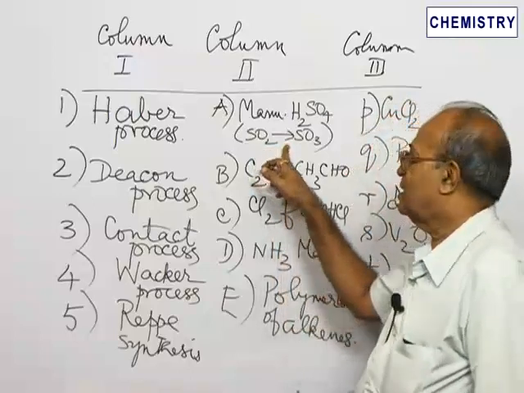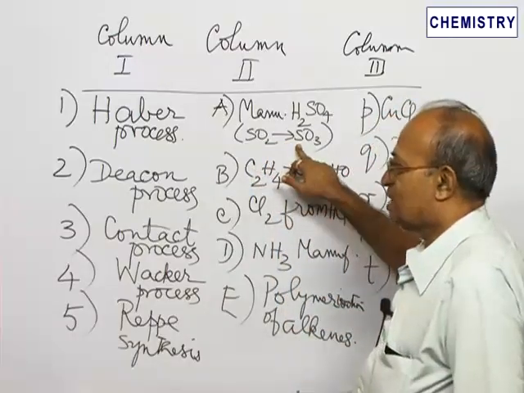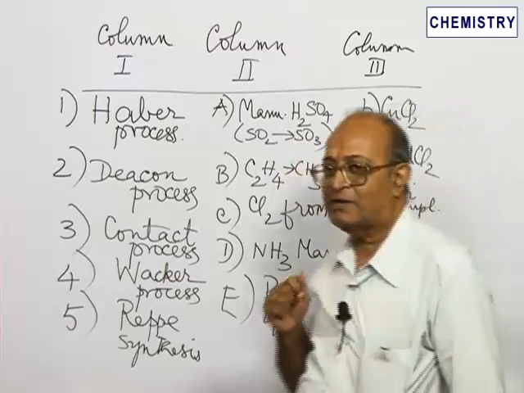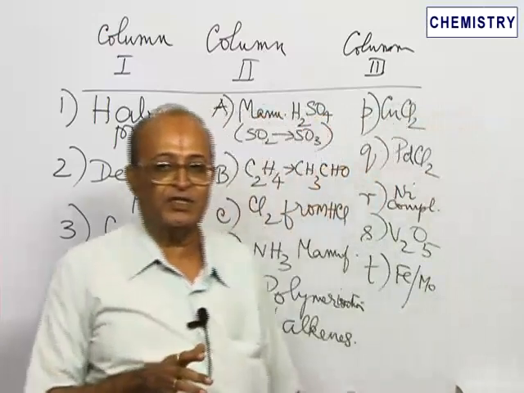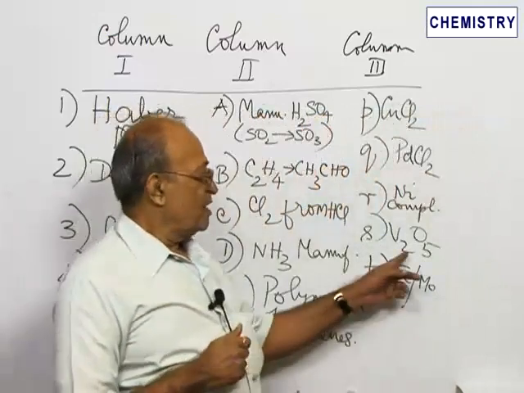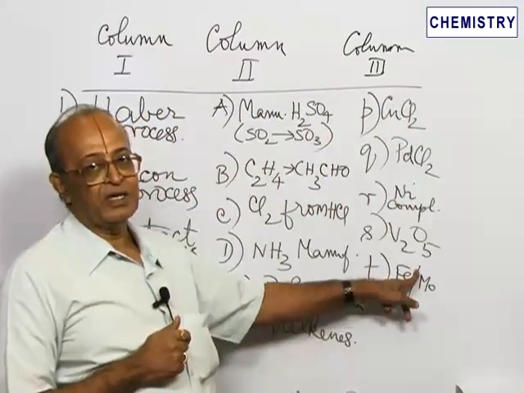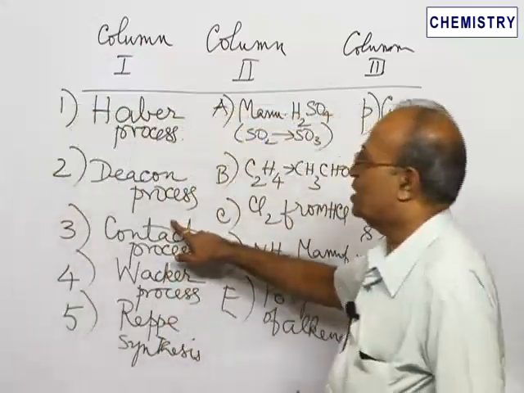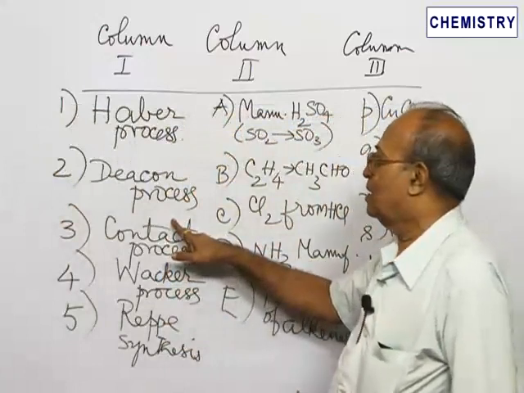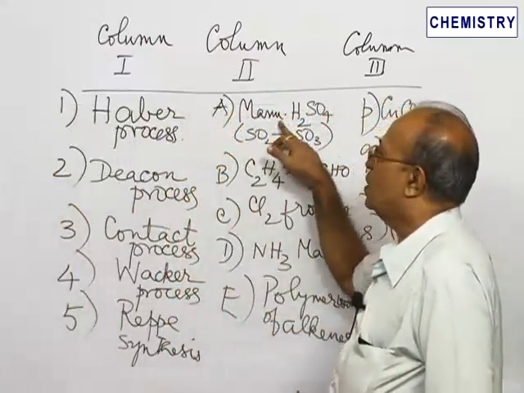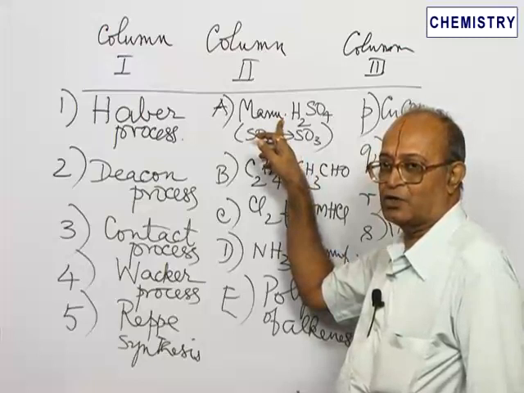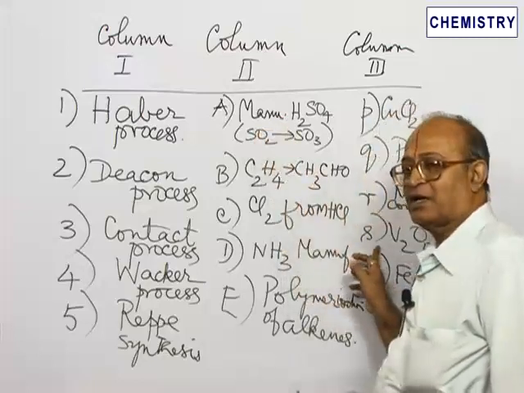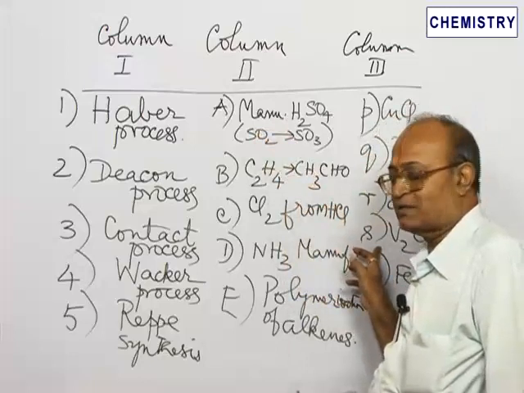Sulfur dioxide is converted into sulfur trioxide, and for this the catalyst that is used is vanadium pentoxide. So we find contact process in column 1 is linked to A in column 2, for which S in column 3 is the catalyst.